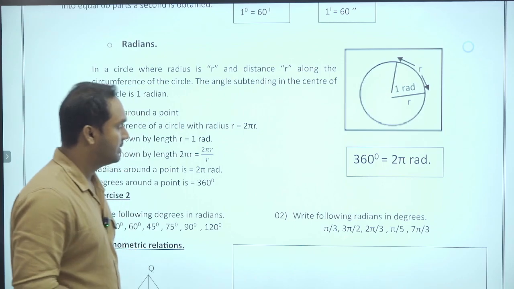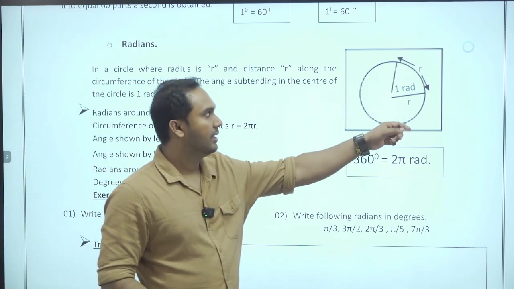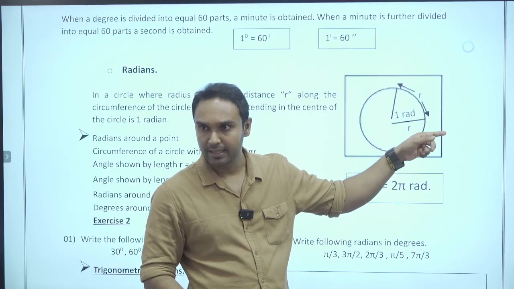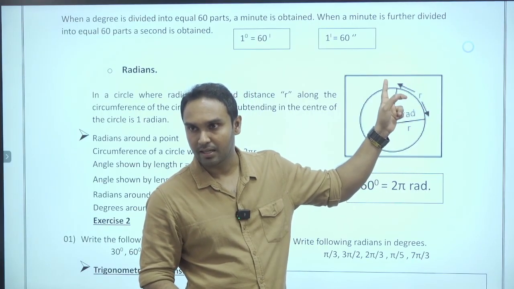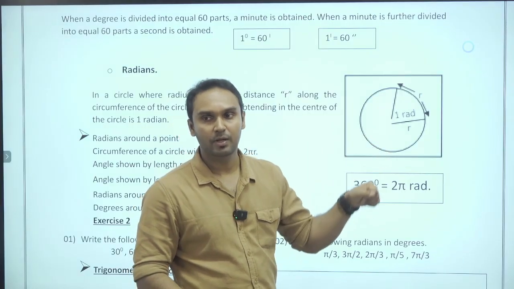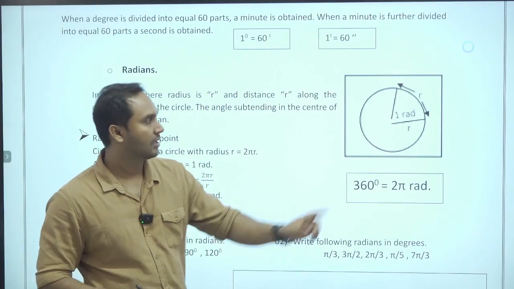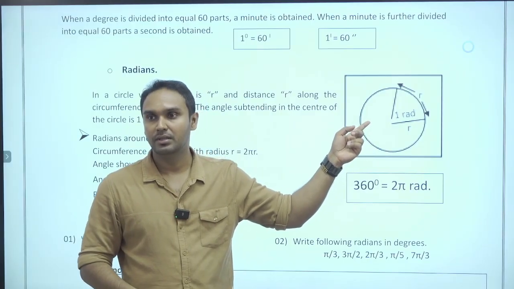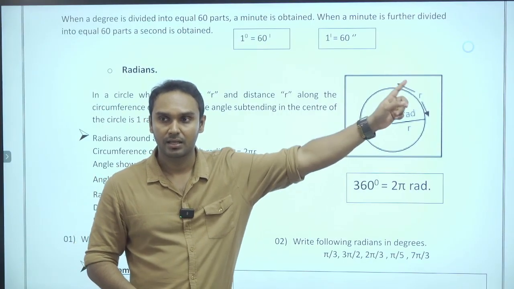Now in this theory, it says if I take an arc length equal to the radius, S over R ratio will be how much? Now the arc length is R, the radius is also R. Now the radian will be equal to what?